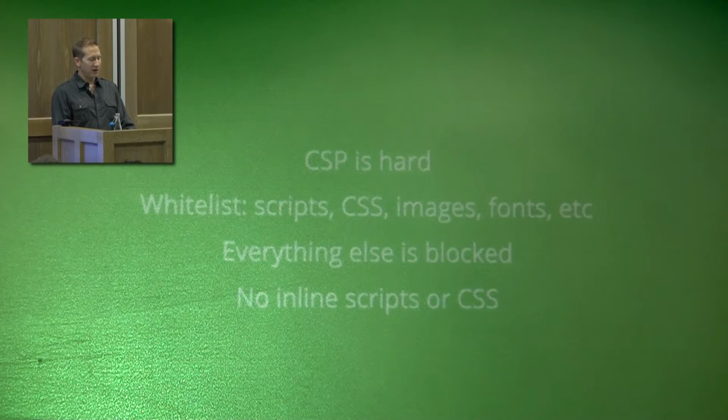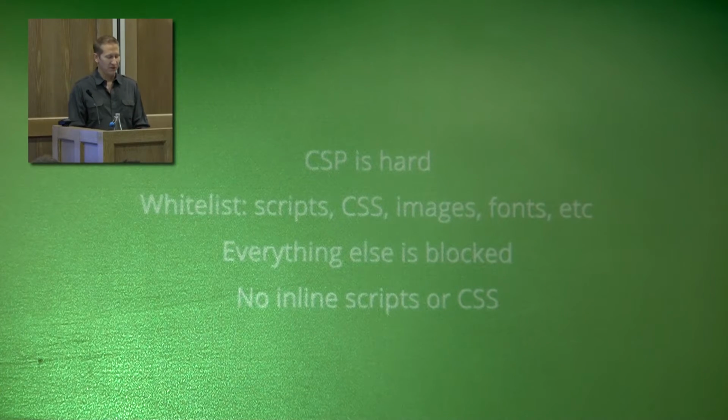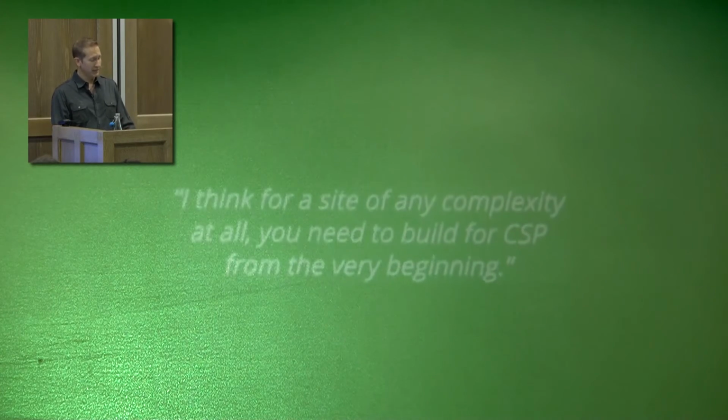One of the other things about it is that it explicitly disallows inline scripts or CSS. Anyone who's working with a legacy code base may find a lot of inline scripts or CSS. And even when you're not dealing with legacy code, there are frameworks that will dynamically inject this inline into your code. And this is where CSP gets to be tricky.